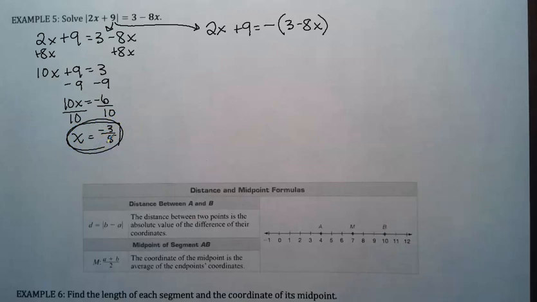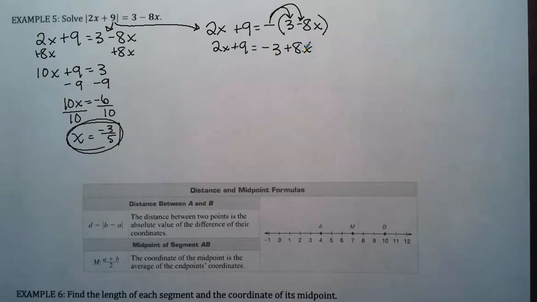I try to circle my intermediate answers and then put a box around my actual answers when I'm done. Okay, so let's look at the next one. Now I've got 2x plus 9 equals, I need to distribute that negative sign. So equals negative 3, and a negative times the negative 8 would be plus 8x.